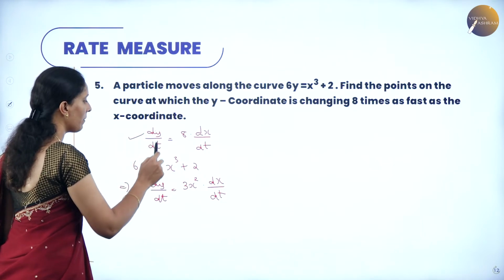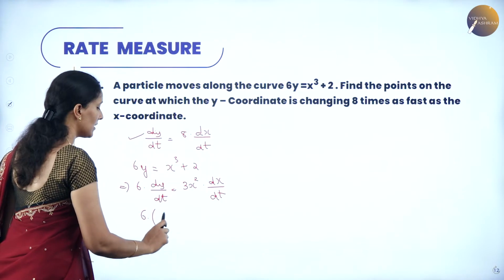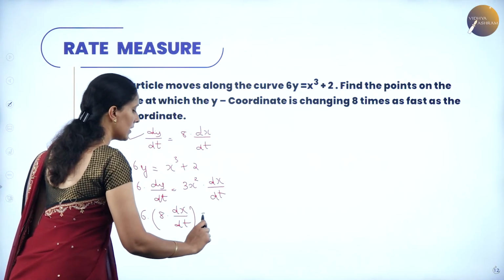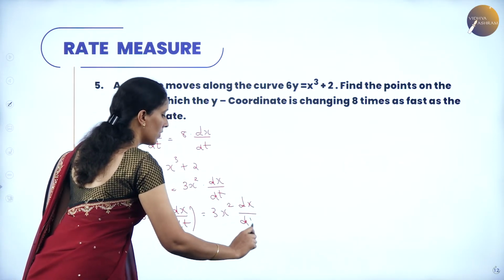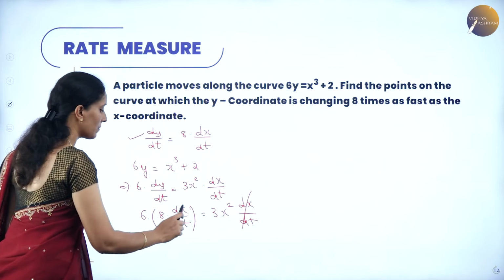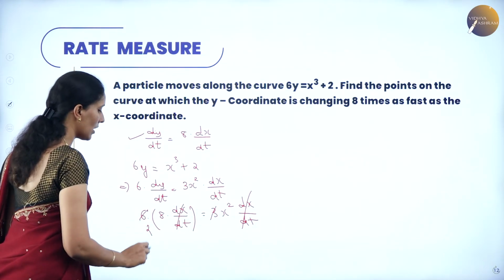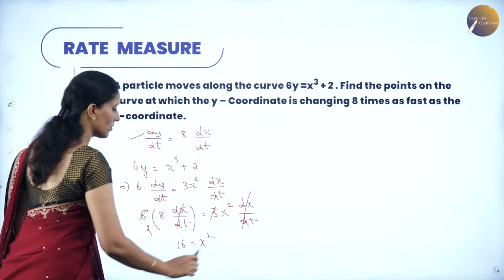Now we have dy by dt is 8 times dx by dt. Substitute here: 6 into 8 times dx by dt is equal to 3x square dx by dt. Both sides we can cancel dx by dt. 3 1s are 3, 2s are 6. So here 8 2s are 16, and this side we have x square.